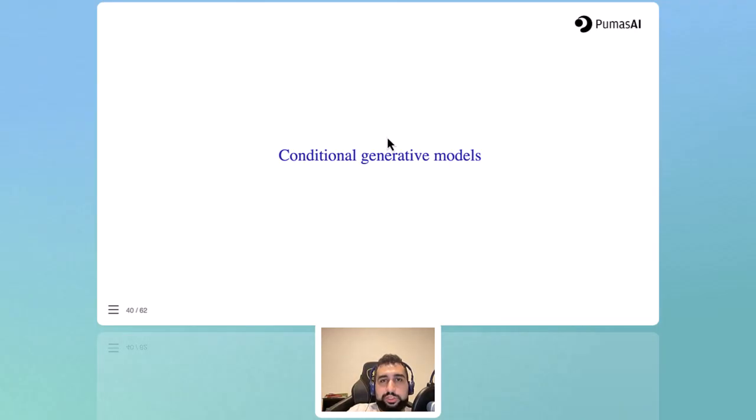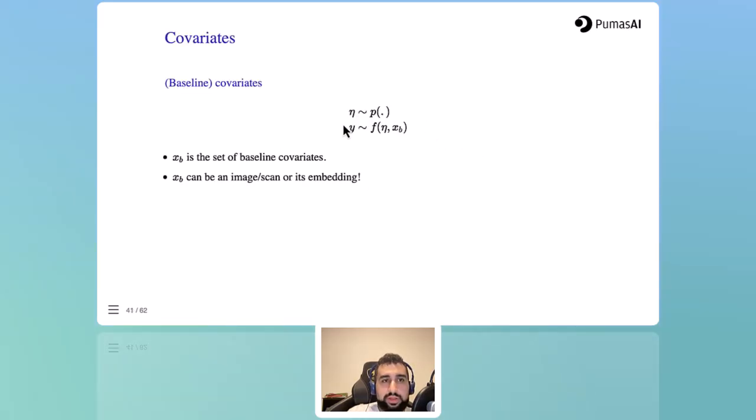Or the condition could be time, so I can tell you which time point I would like you to generate data for, maybe multiple time points: time 0, time 1, time 2, time 3, etc. Or I could tell you which age to generate images for. And so this idea of conditional generative models is basically the idea of using covariates. We'll talk more about that.